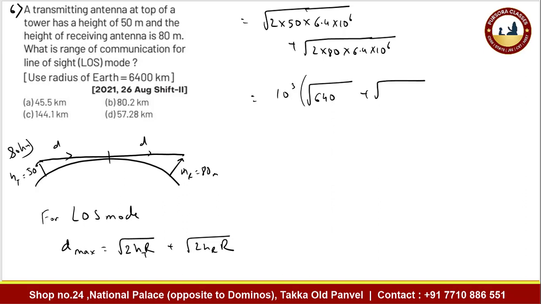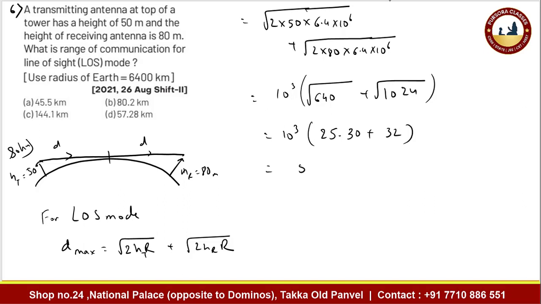160 into 6.4 is 1024. So 10 raised to 3, we have under root of 640. Under root of 640 is 25.29, so 25.30, plus under root of 1024 is 32.